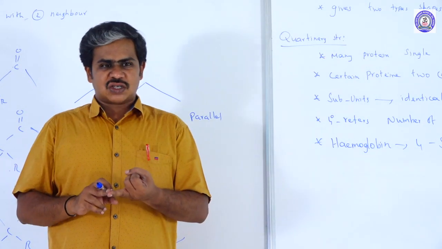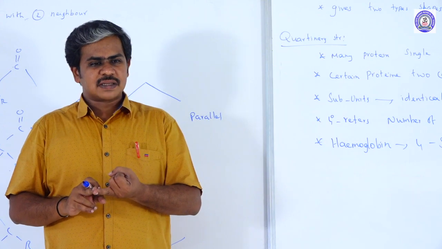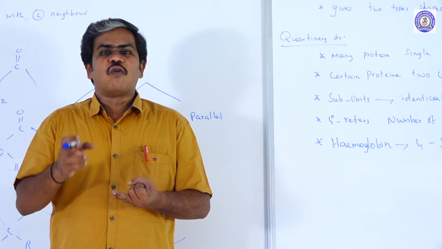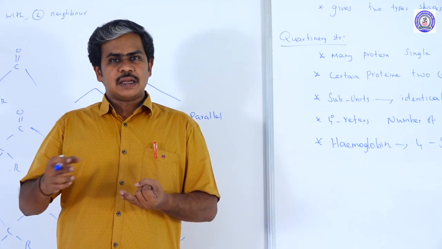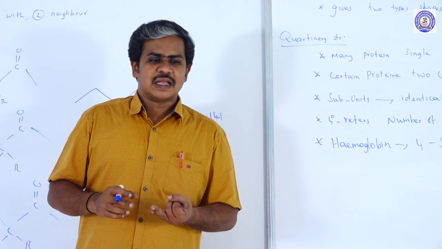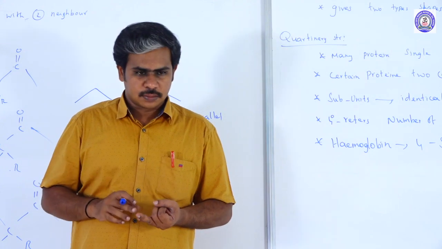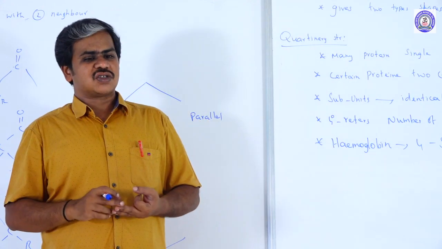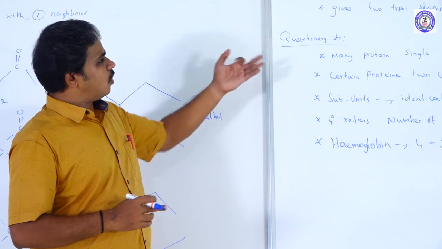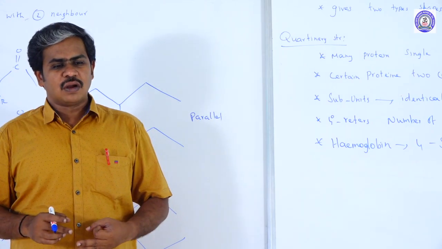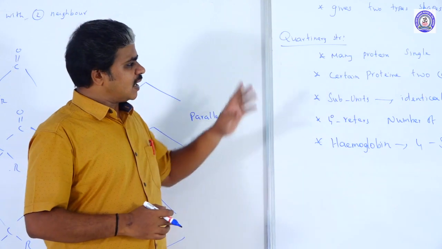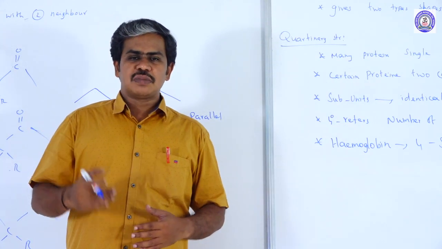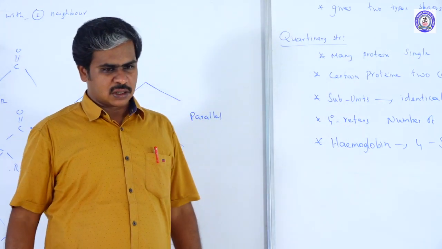Then the secondary structure represents the folding of the chain by alpha helix and beta pleated sheet, depending on the size of the R group. The tertiary structure is the overall folding in a three-dimensional way. Then the quaternary structure represents subunits and spatial arrangement.